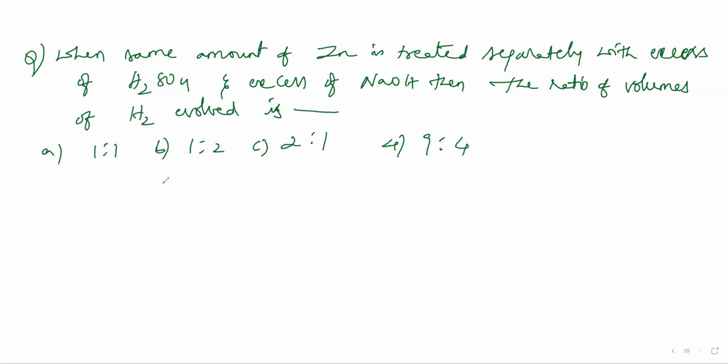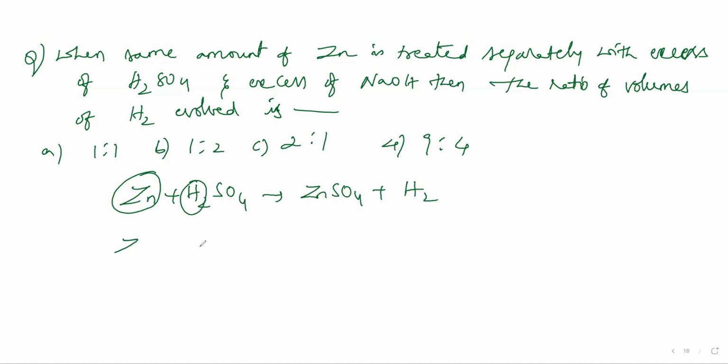Now let us consider those two reactions once again. Zinc treated with H2SO4. Now zinc displaces H2. Then it gives zinc sulfate plus H2. Next, zinc treated with excess of NaOH. Then what you will get?